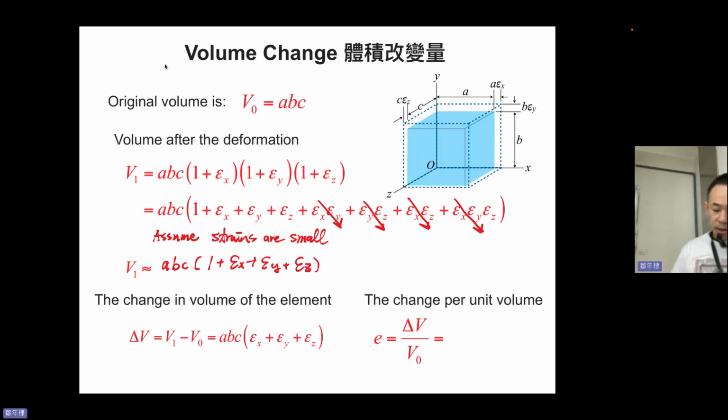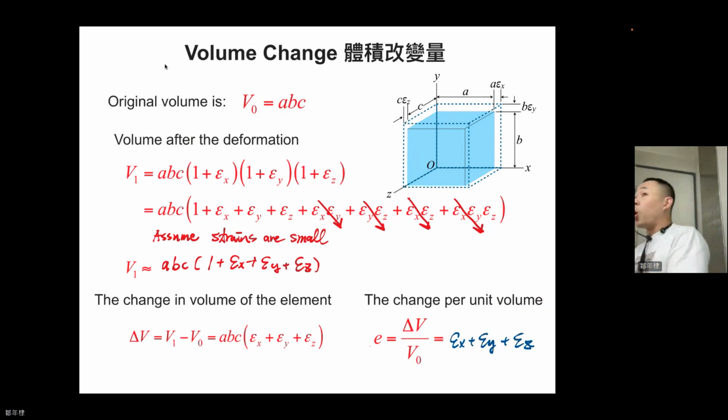So the volume change of the element under really tiny strain is abc times (epsilon x plus epsilon y plus epsilon z). If we take the change per unit volume, we divide by V naught, abc, and it is only epsilon x plus epsilon y plus epsilon z.